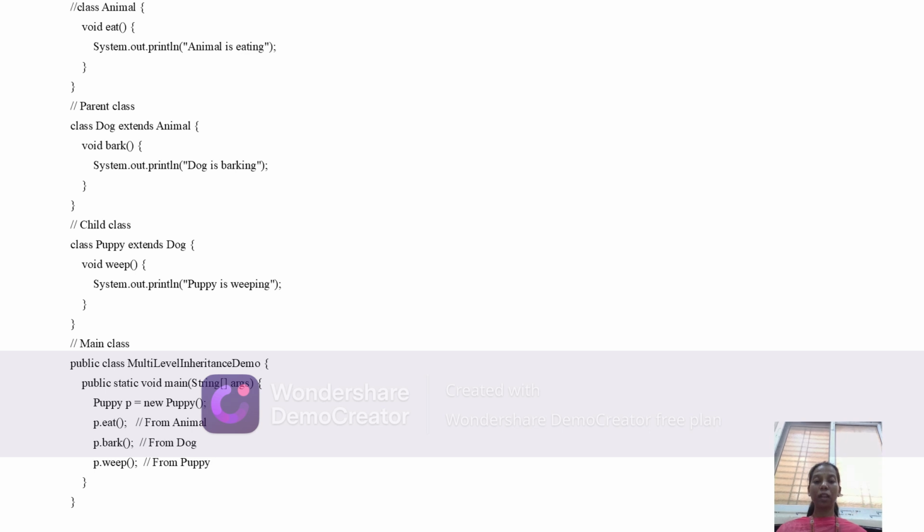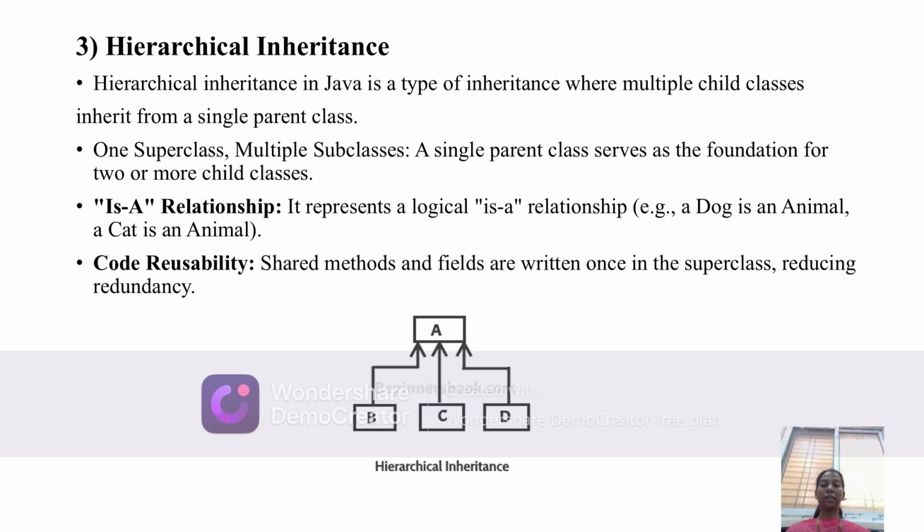Next, hierarchical inheritance. Hierarchical inheritance is a type of inheritance where multiple child classes inherit from a single class. For example, there is only one superclass, but there are multiple subclasses. Here, that one superclass acts as a foundation for multiple subclasses.